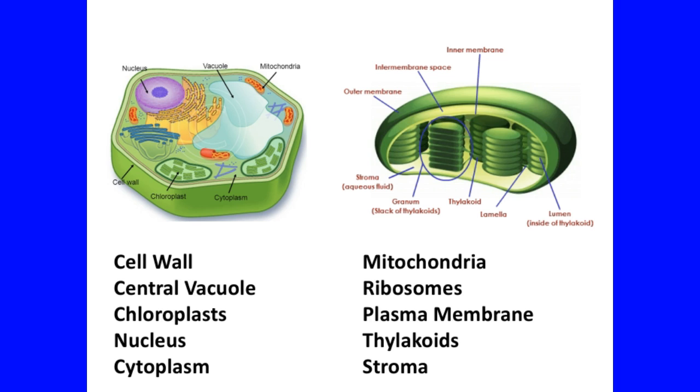So let's go ahead and also point out some other features or parts of a plant. First things first, we have a cell wall. The cell wall is on the outside of the plasma membrane. We have a central vacuole right here. The chloroplasts are right here, which we'll get into more detail about in a second. The nucleus is right over here. The cytoplasm is all the gelatinous-like fluid inside the cell except for the nucleus.